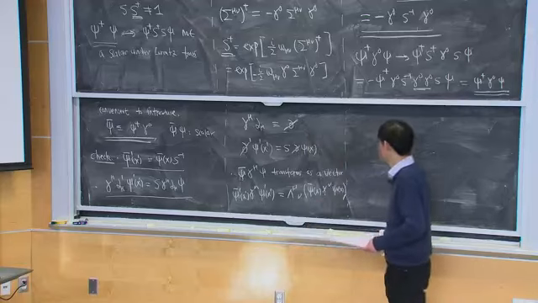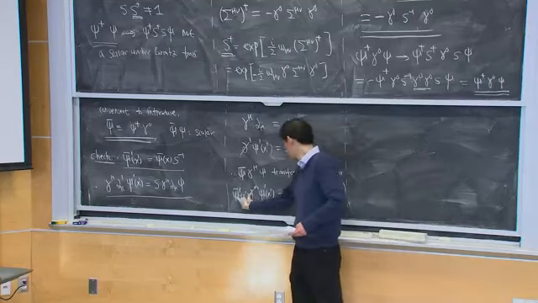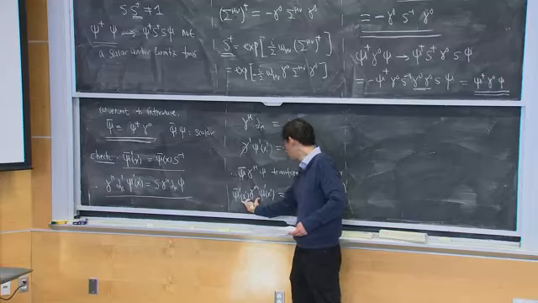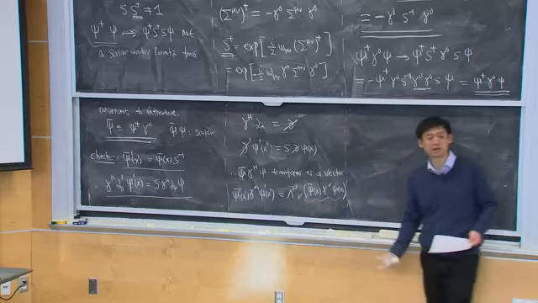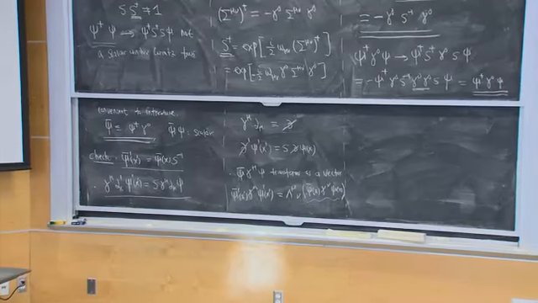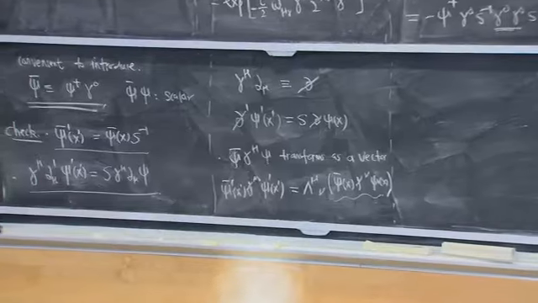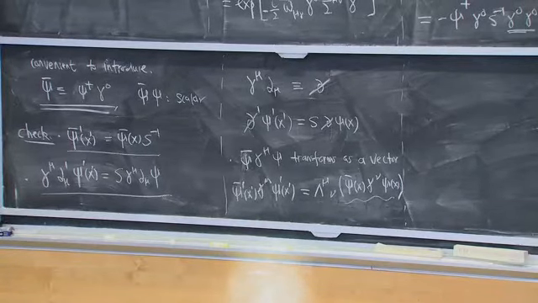If you view this whole thing as a vector, the quantity is equal to just a Lorentz transformation lambda on itself. Again, this is based on the transformations of S and the relations between different gamma matrices. Any questions on this?